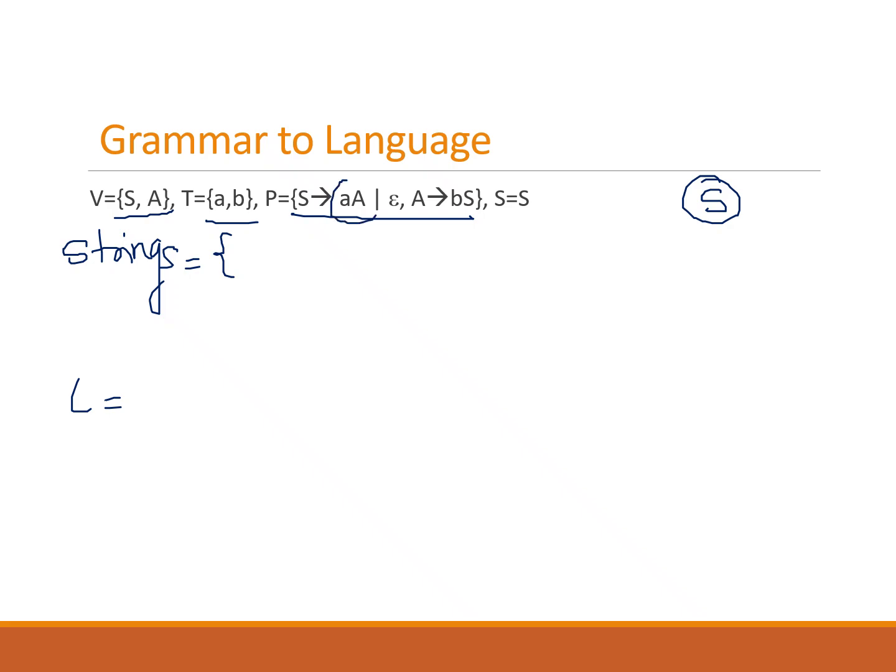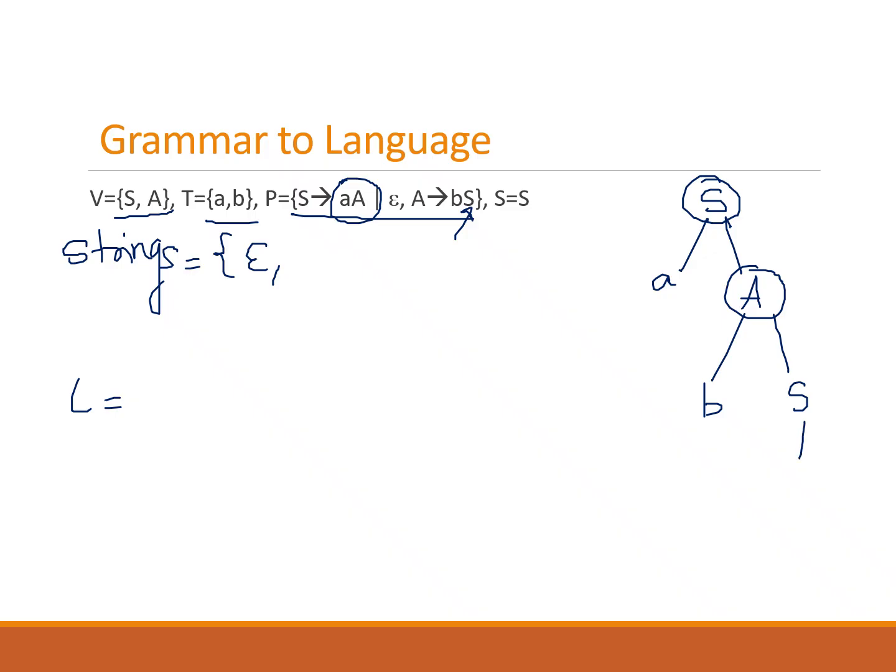Either we can expand using AA, or we can directly expand it with epsilon, that is a null string. So null is accepted here. So this is the first string. Then let us expand using AA, and A can be further expanded using this rule of BS.